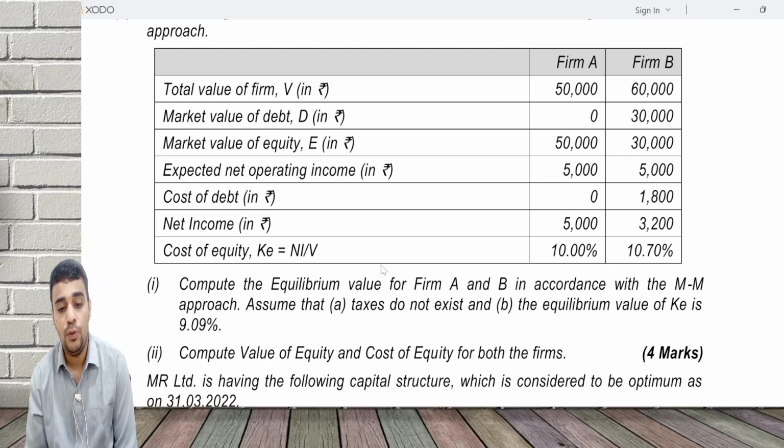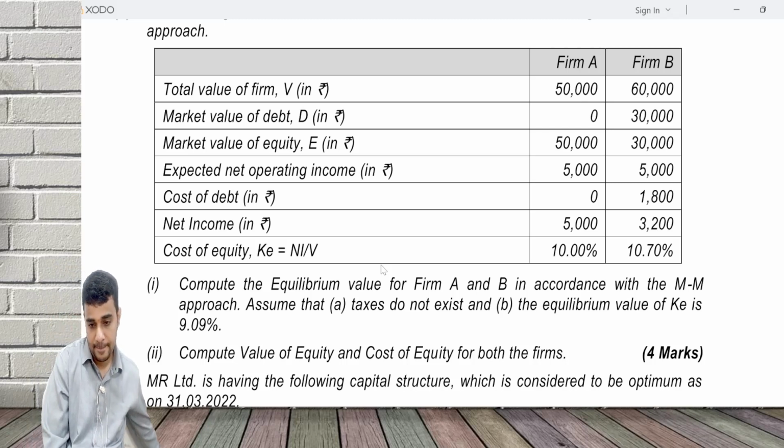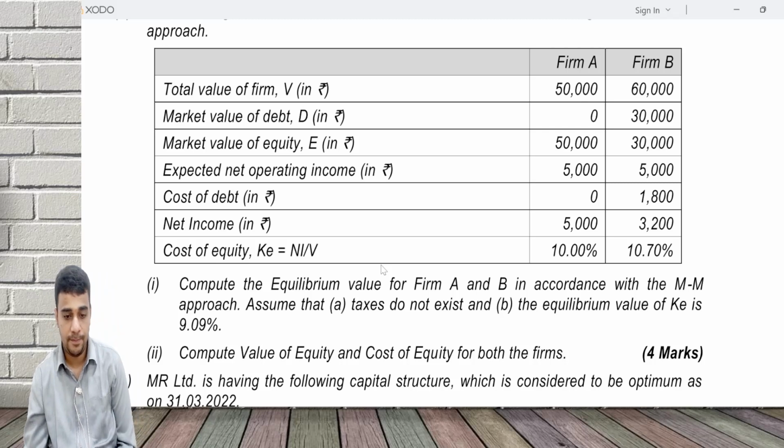Compute the equilibrium value for firm A and B in accordance with the approach. So they have given the traditional approach. We are required to follow this approach, assuming that taxes do not exist, and the value of KE is 9.09. Compute value of equity and cost of equity for both the firms. Go through the question.